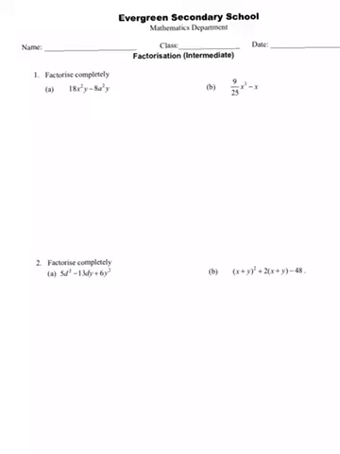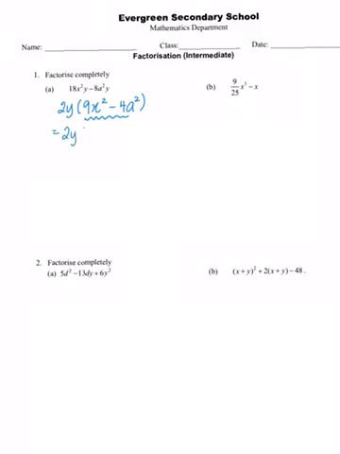Factorisation Worksheet Intermediate. For the first question, we need to check for common factors. In this case, the common factor is 2y, and then we get 9x squared minus 4a squared. Then, since this is two terms, we can use our special product.